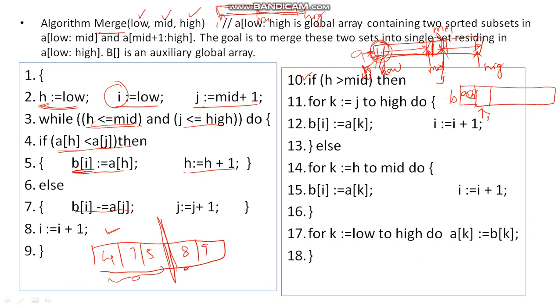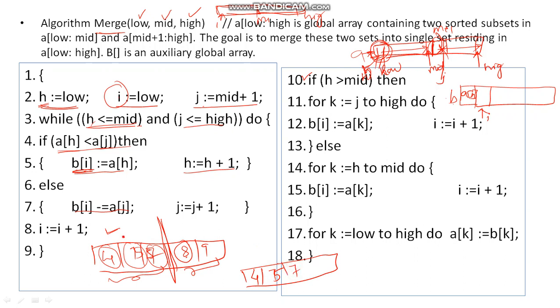If I want to merge them, in a temporary array the first element and the mid plus one element will be compared and the smaller one will come here. The second element and the mid plus one element will be compared and the smaller one will come here. Let us say this is 5 and this is 7. So 5 will come here. The next element is 7 and it will be compared with this particular element and it will come here.